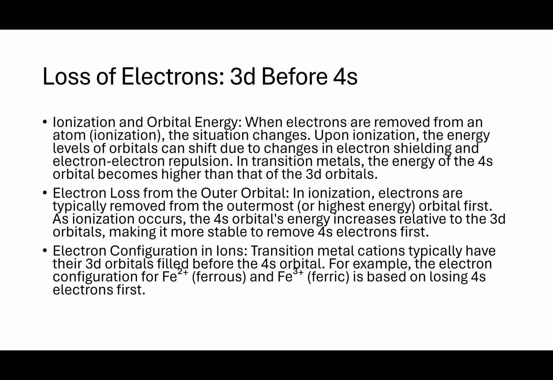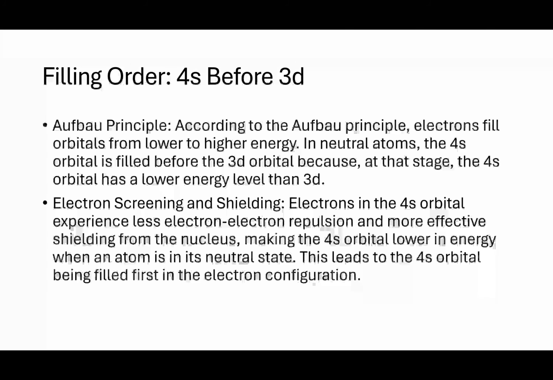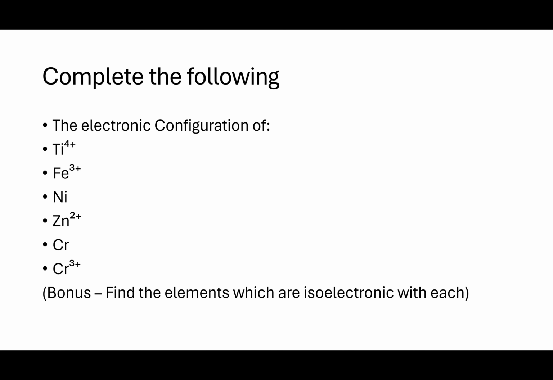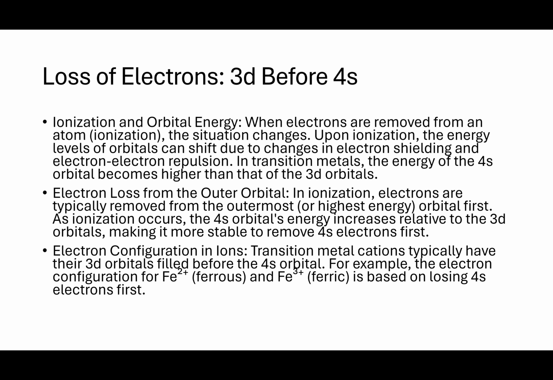If 4s is filled first, then the 4s is lost last. If we fill the 4s before the 3d, then we lose from 3d before the 4s. That's something you'll gain through practice of writing electronic configurations, but the information is here for you to work with.